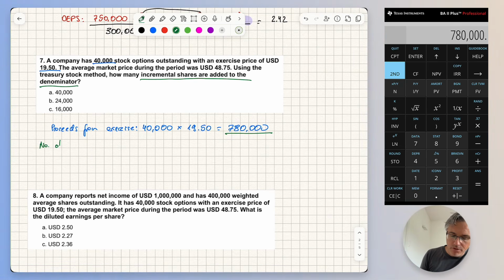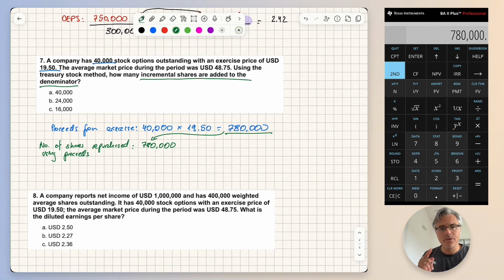So number of shares repurchased using those proceeds above. And the whole point of this method, or the whole trick, is to assume that we use those funds to repurchase stock at the current, most recent average price at which that stock was trading.